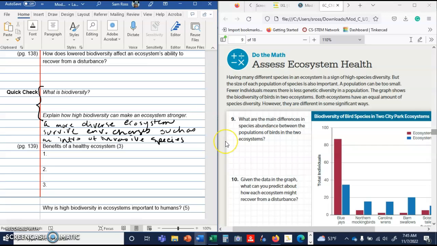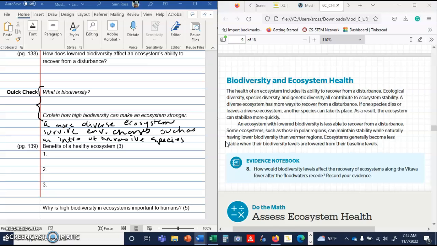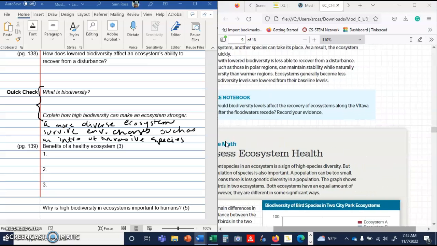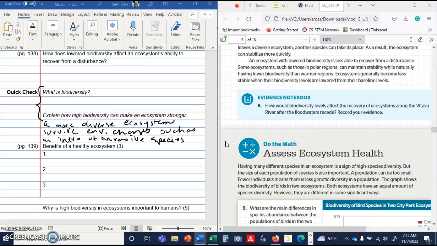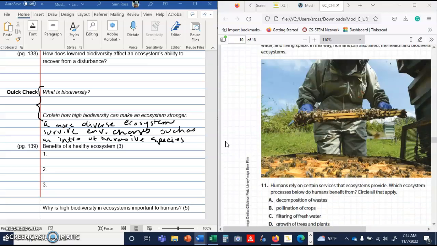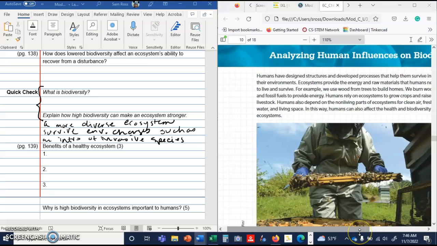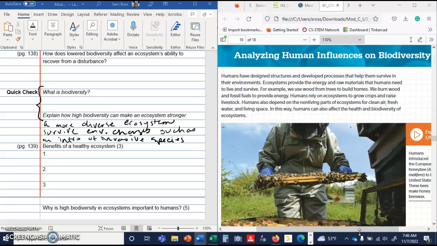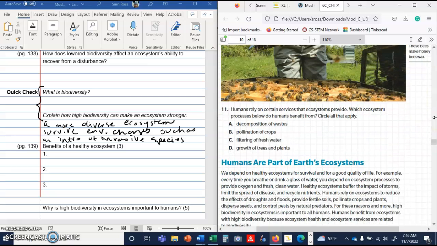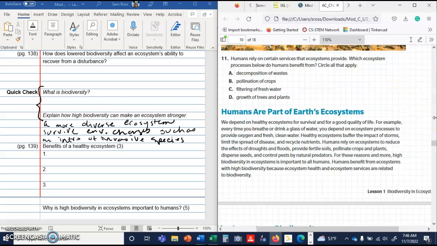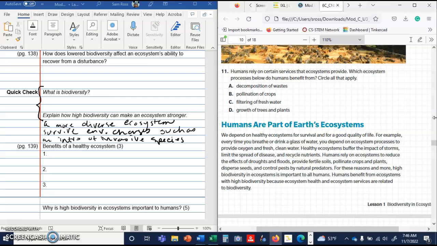And then we're to 139, benefits of a healthy ecosystem. So where are we as far as page numbers go? This is, I don't know, 138. So here's 139. Benefits of a healthy ecosystem. I don't see it there. Let's keep on going. Why is biodiversity?